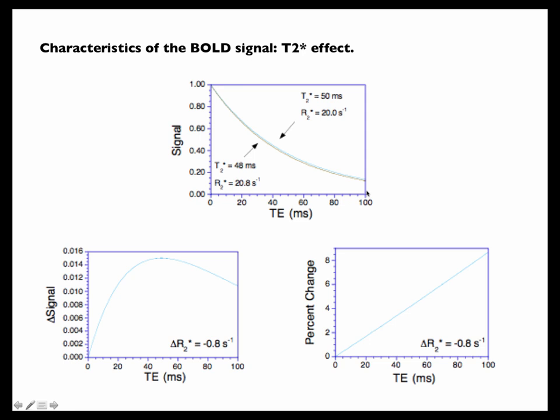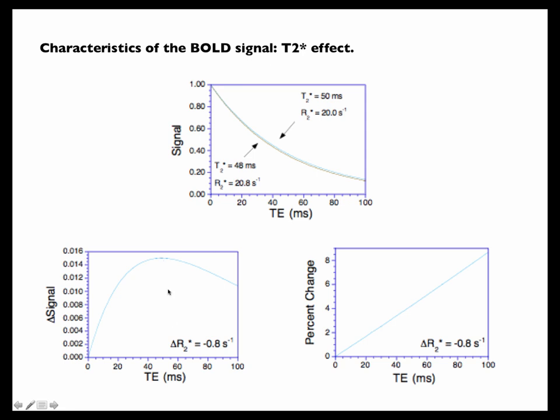So here's an important point, though, and I don't know if you can see this. Oh, yeah, you can. You can see it much better on the screen than on my computer. If you take the difference between these curves, you get a peak at about the echo time equal to the T2*. And that's why we collect at the TEs that we do.